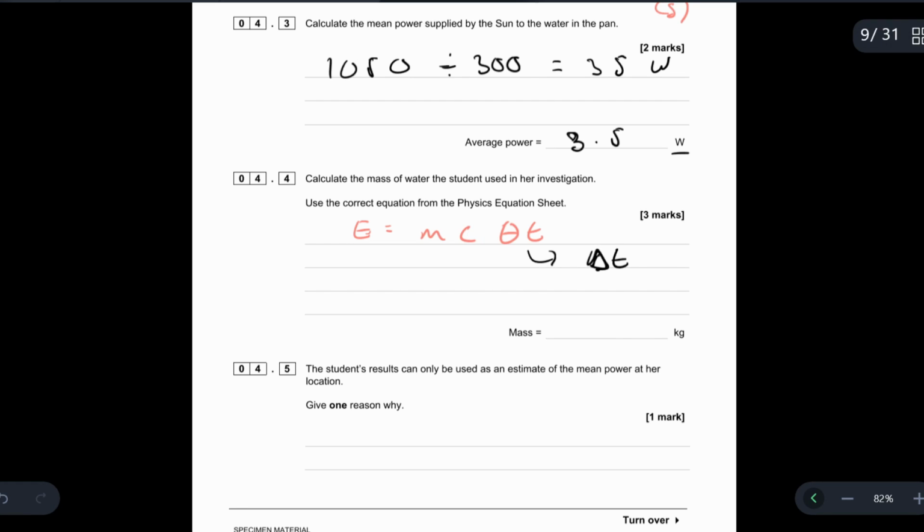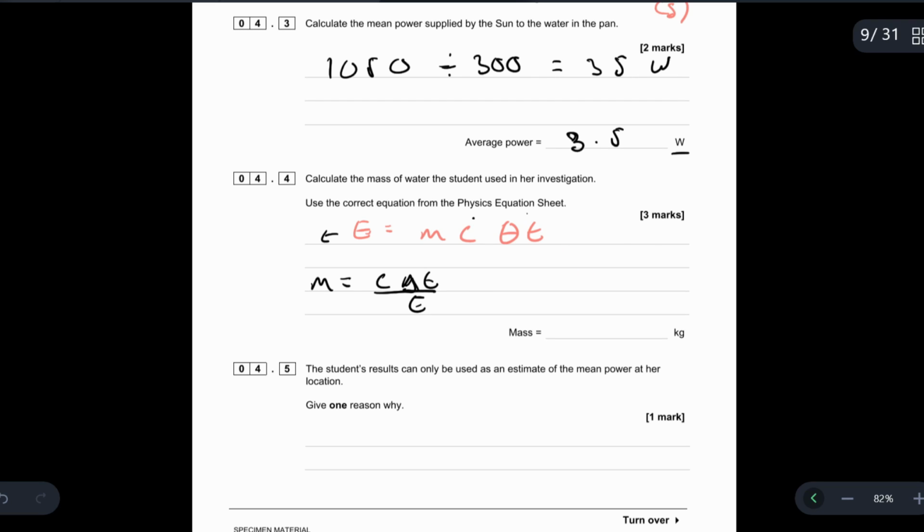But you should be able to know what this equation means anyway. E is the energy, m is your mass, c is your specific heat capacity, and theta t or delta t is your change in temperature. From here, you can rearrange it and then just plug it in. So m should equal c delta t over E. I'm going to use delta t for this question.